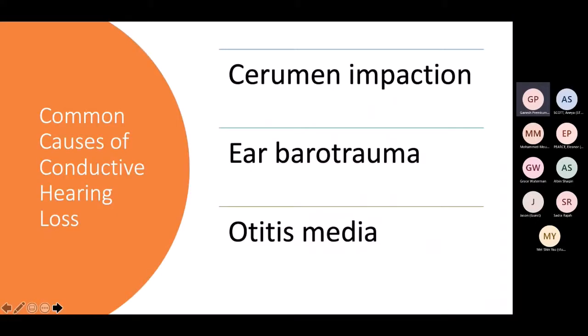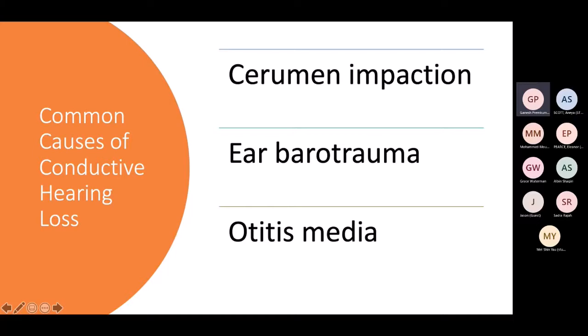Okay. Common things. There are quite a few causes of conductive hearing loss, but I always like to nail down the top 3 causes, and usually the top 3 causes will account for maybe 80 or 85% of things. With conductive hearing loss, I think these 3 are about 82% of the cause.